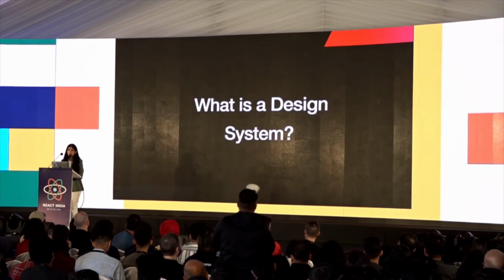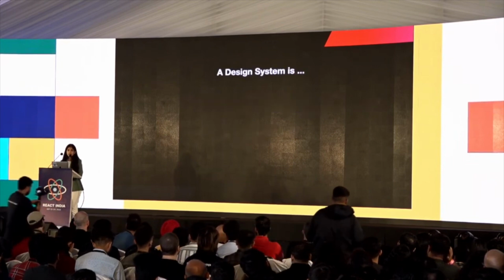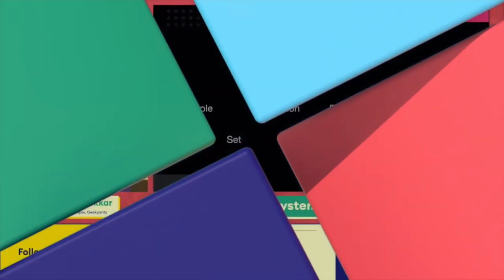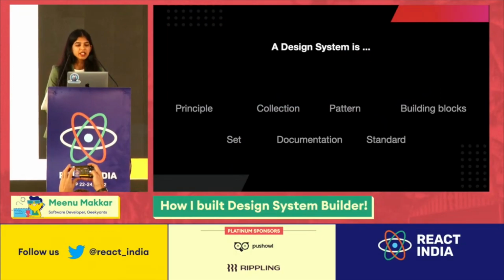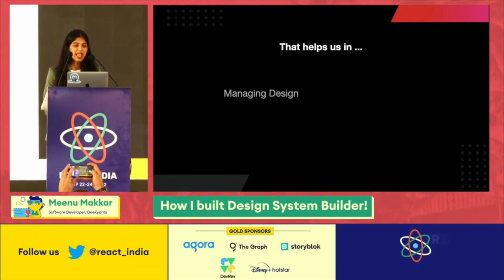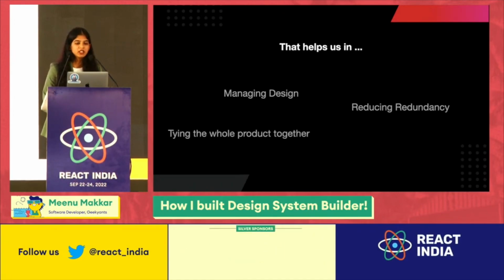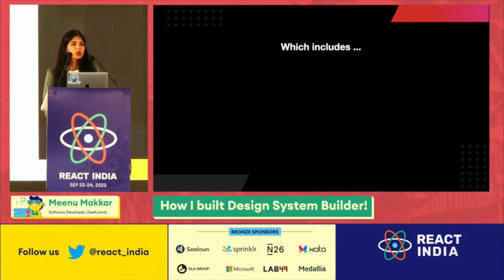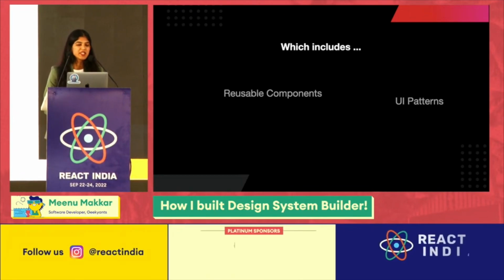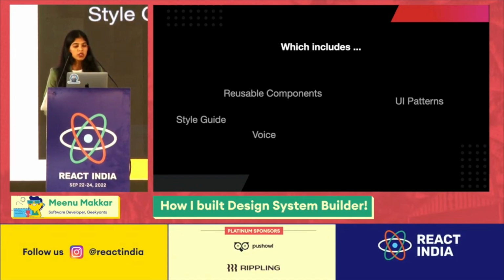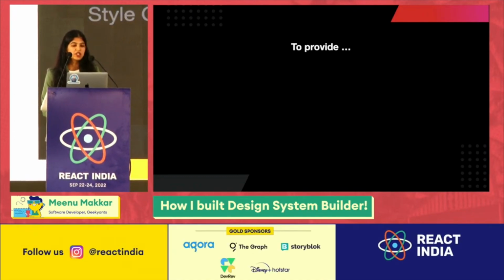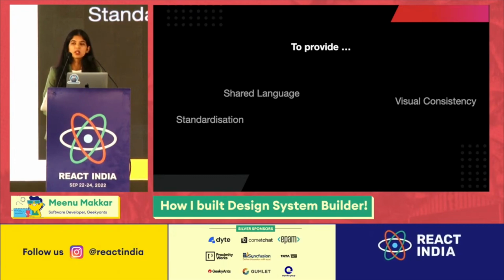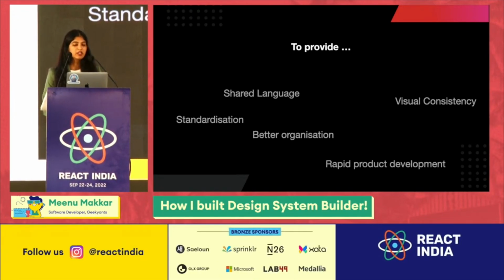She told that a design system is a principle, collection, pattern, building blocks, set, documentation, standard that helps us in managing design, reducing redundancy, tying the whole product together, and accelerating the design process, which includes reusable components, UI patterns, style guide, voice, tone, technical documentation to provide shared language, visual consistency, standardization, better organization, rapid product development.